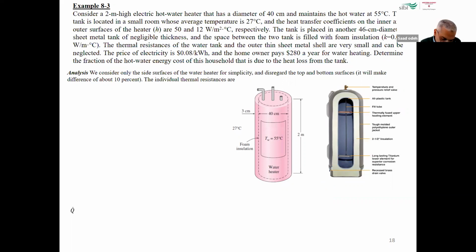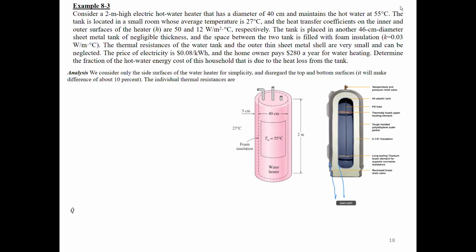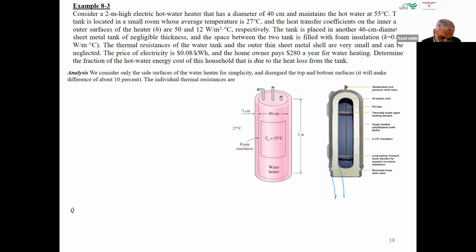So always conduction. Let me show you again. This is the solid part of the tank, which is the insulation, right? So we have resistance here in the insulation, and also resistance in the water, convection, and then other resistance with the air outside.